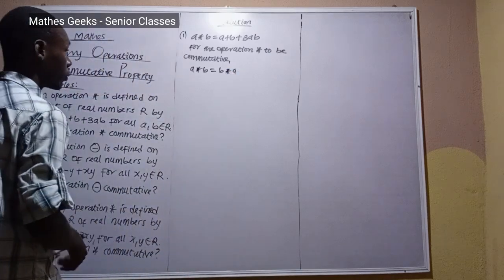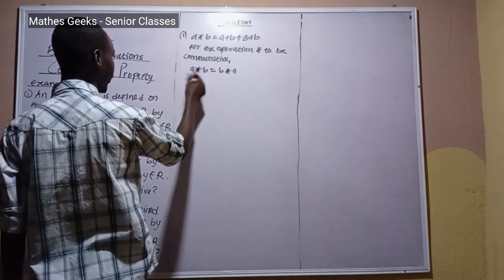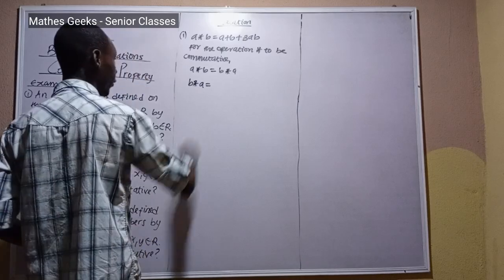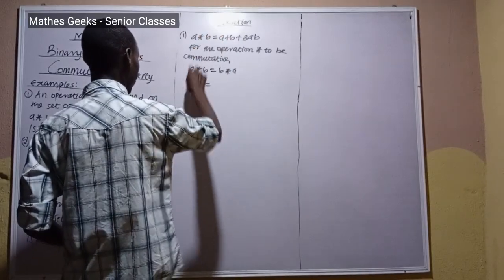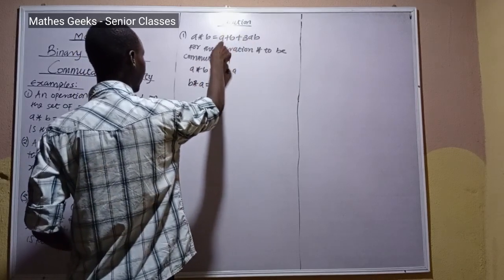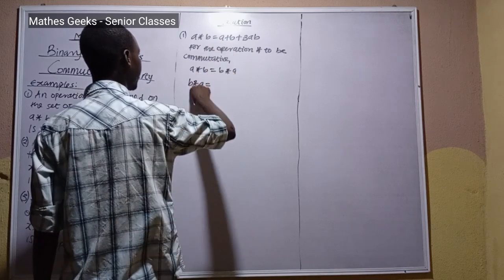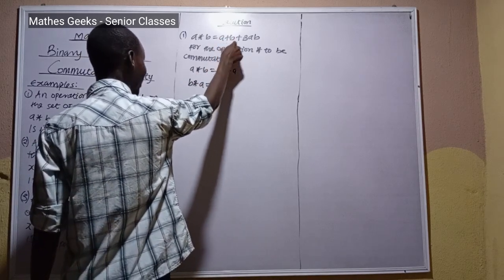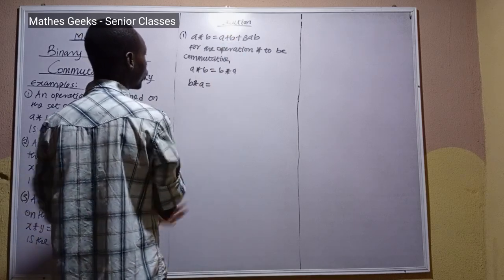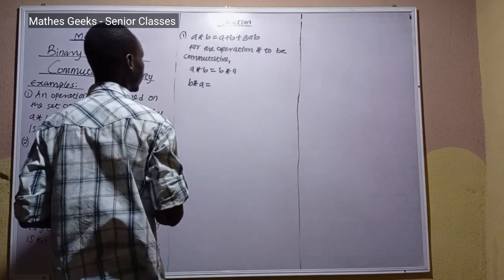So A star B is already defined. Now let's get B star A. So now B comes first, followed by A. In this equation, wherever A was, we're going to replace A by B, and where B was, we're going to replace it by A. Because we have changed the order, it also reflects on the definition of this binary operation.